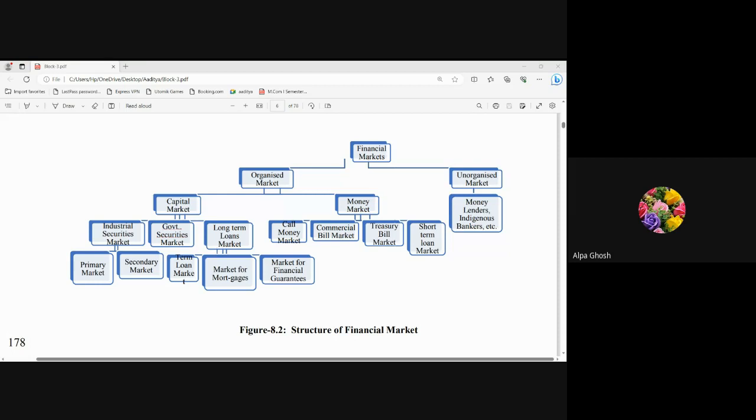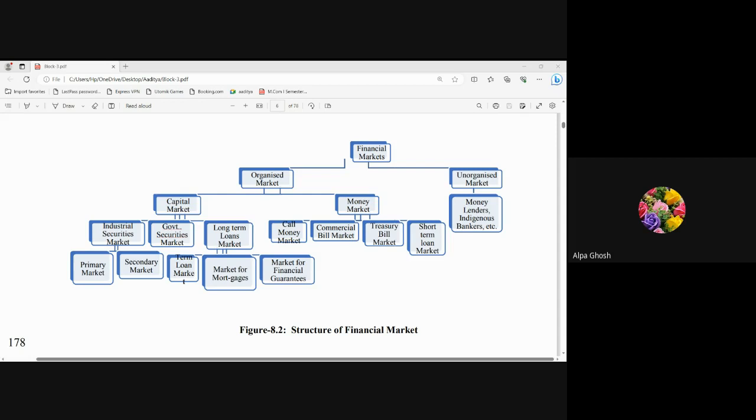Short term means a market where the funds are available only for a period of 1 year or less than 1 year. And capital market is a market where the funds are available for more than 1 year. So when we make investment in capital market, it is for long term. When we make investment in money market, it is a short term.